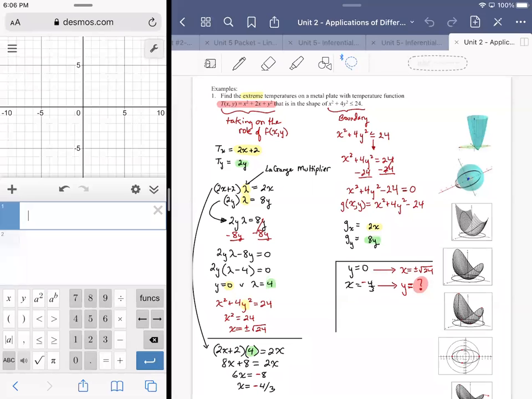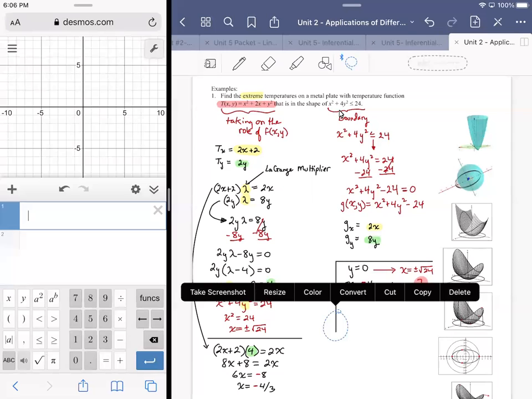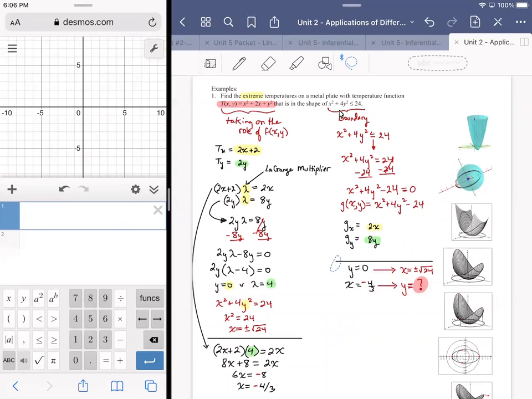So if I want to find the value of y corresponding with the x value of -4/3, right? We had already found the x values corresponding with the y value of 0, which was pretty easy.